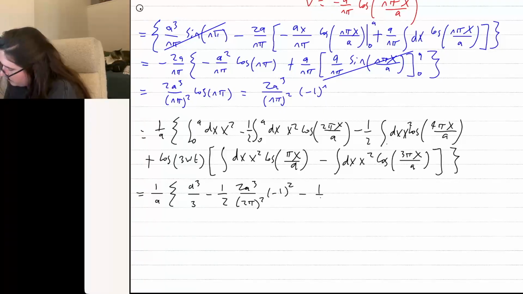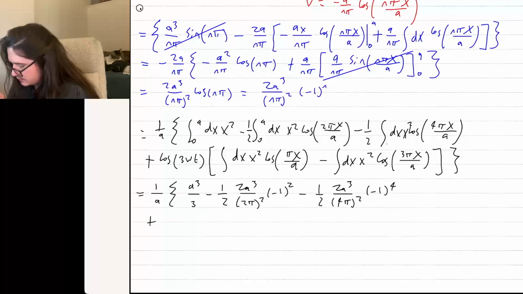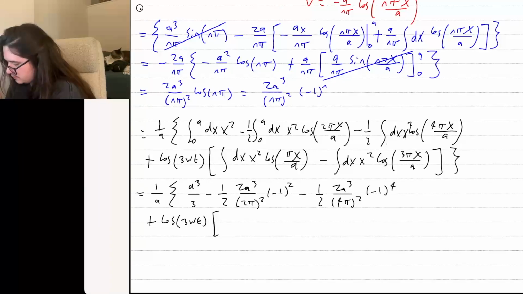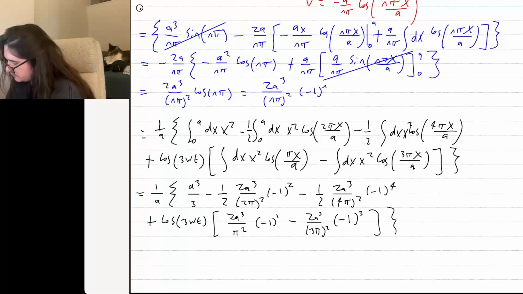Minus 1/2, 2a cubed over 4 pi squared minus 1 to the 4 plus cosine 3 omega t open bracket 2a cubed over 1 pi squared minus 2, and then times minus 1 to the 1 minus 2a cubed over 3 pi squared times minus 1 to the 3. Close bracket, close curly bracket.